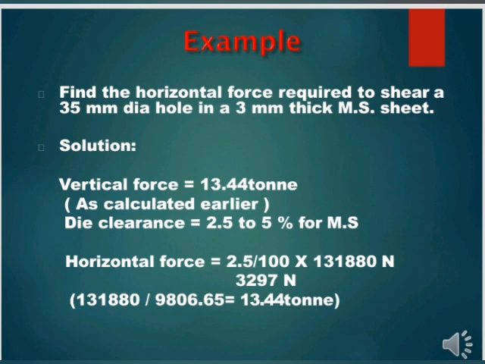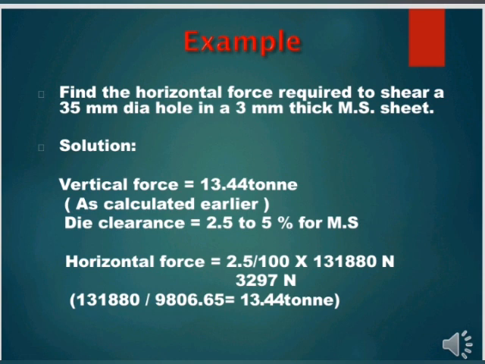For example, find the horizontal force required to shear a 35 dia hole in a 3 thick MS sheet. Here, vertical force is equal to 13.44 ton as calculated earlier. We know die clearance is 2.5 to 5% for mild steel.